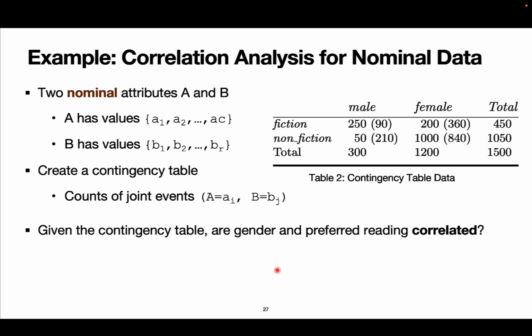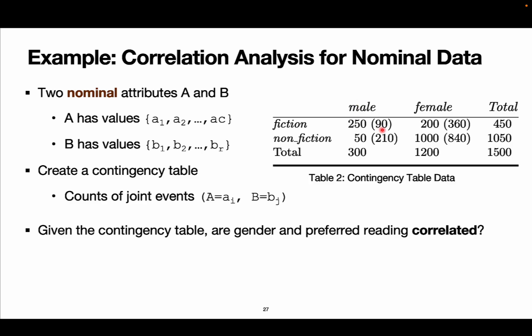In this third problem, we have two nominal attributes, gender and preferred reading, and we're trying to figure out whether these attributes are correlated or not. The data is presented as a contingency table with the different configurations of each variable.